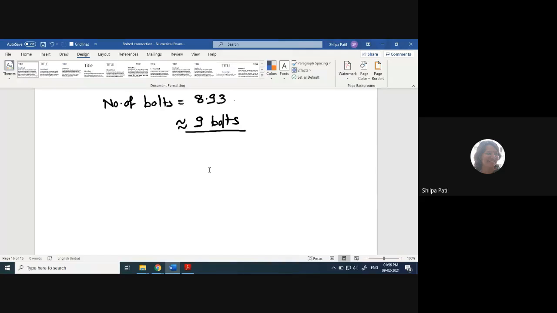Solve that problem as homework because we have very little time. Design a bolted connection for 2 ISA 100 by 65 by 8 mm.